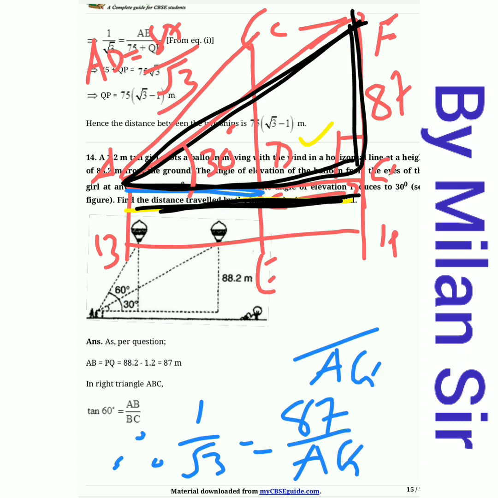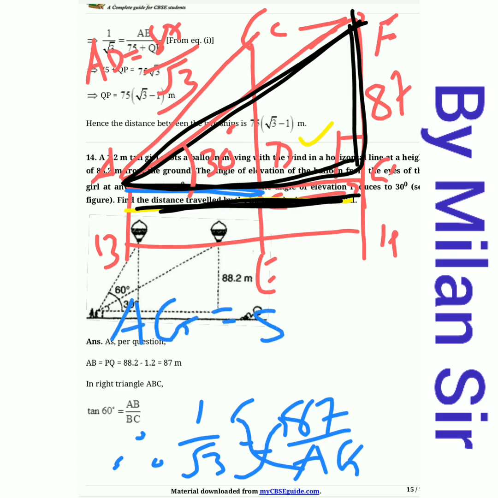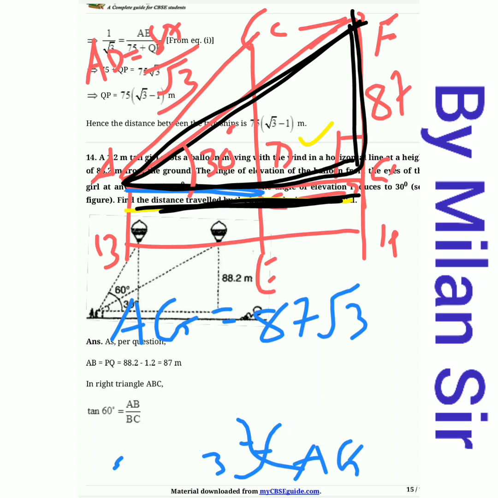Now transfer this AG to the left hand side and under root 3 to the right hand side. So AG is equal to 87 under root 3. Okay, so AG is equal to 87 under root 3.